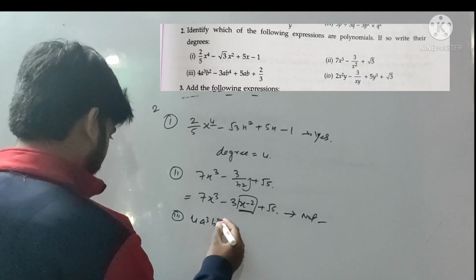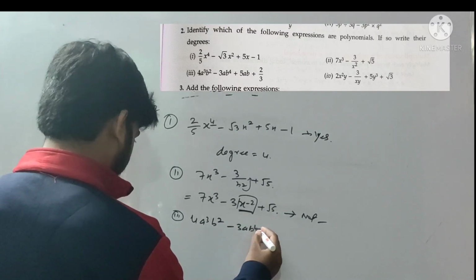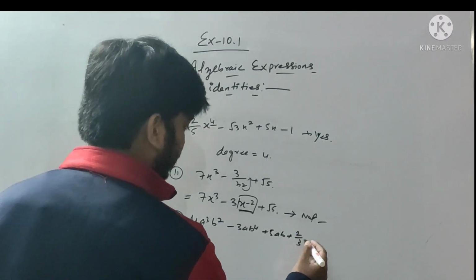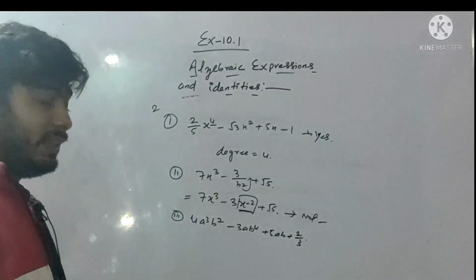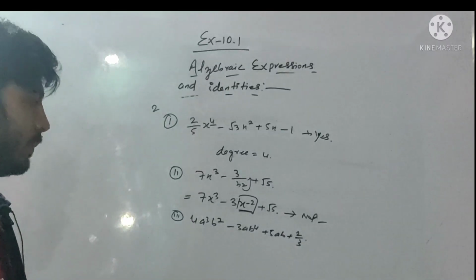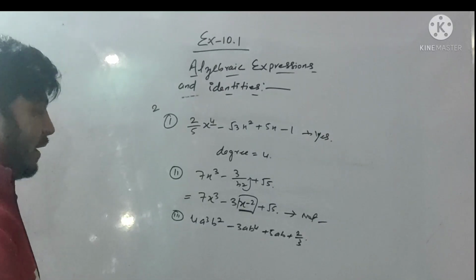Okay. Now question number 3 is here. 4a cube b square minus 3ab to the power 4 plus 5ab plus 2 by 3. In this question, my dear students, we have to say whether it is a polynomial or not. So it is a polynomial. And what is the degree?